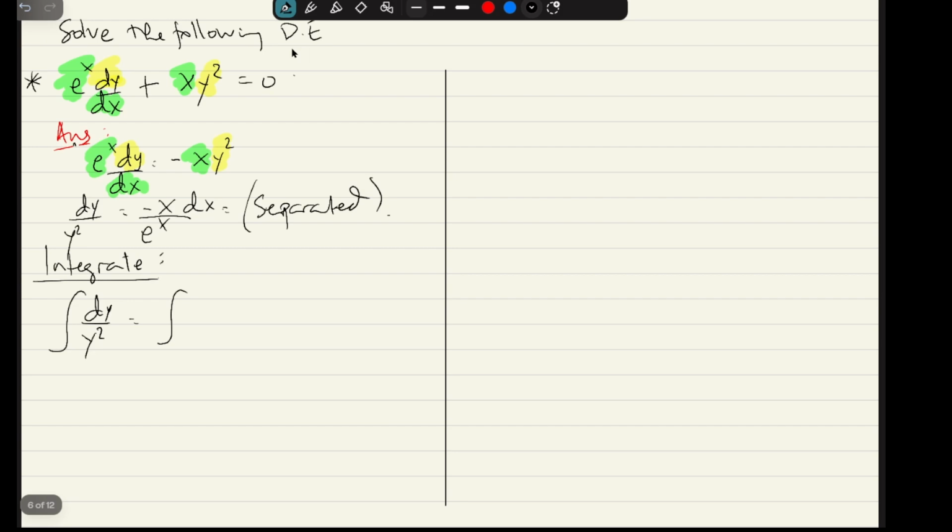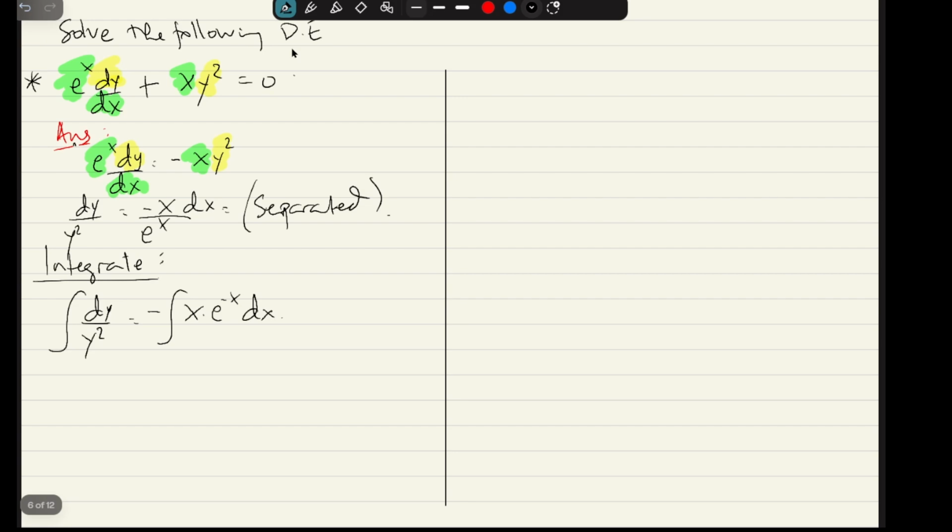We have a negative sign here, so don't forget to put the negative sign there. So the integral of dy over y squared equals negative integral of x e to the power of negative x dx, because we bring e to the x to the numerator.